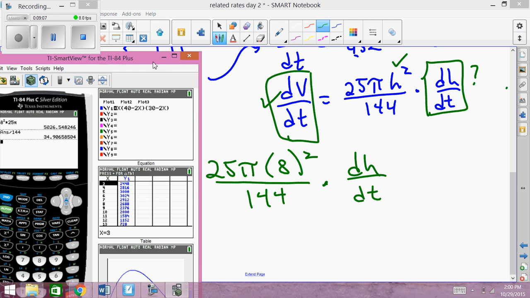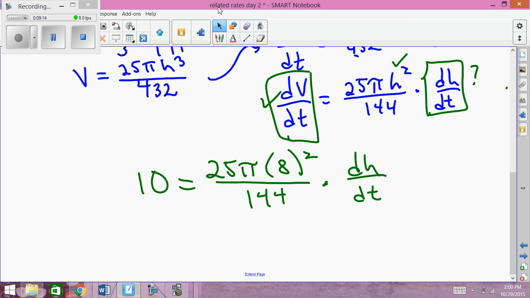Now I have 34.91. So on this side, 34.91 dh/dt equals 10.